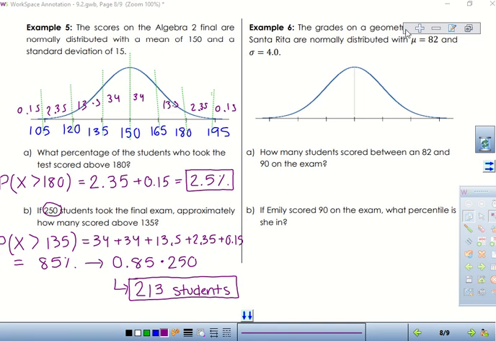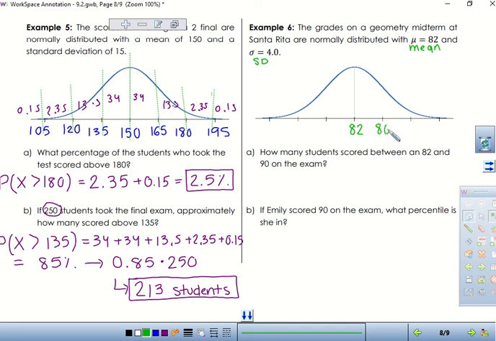All right. The grades on a geometry midterm at Santa Rita are normally distributed with a mean of 82 and a standard deviation of 4. And one day in this class we will calculate standard deviation. How many students scored between an 85... Oh, let's do our setup before we even read them. The mean is going to be the number in the middle, and then we're going to apply our standard deviation on both sides.